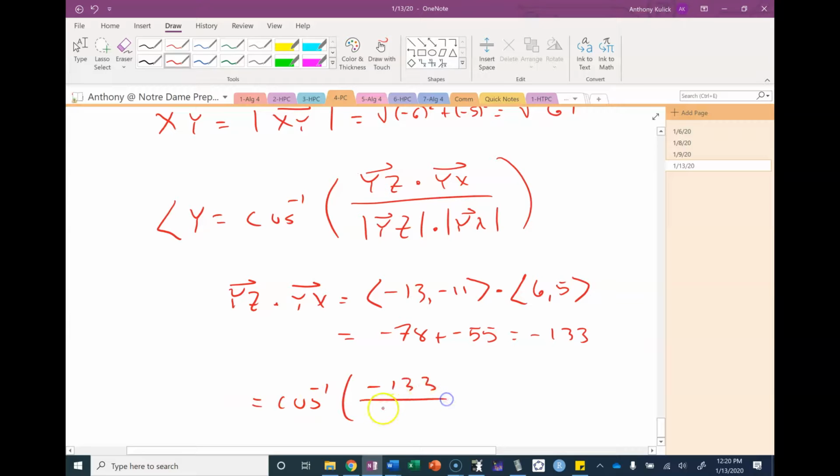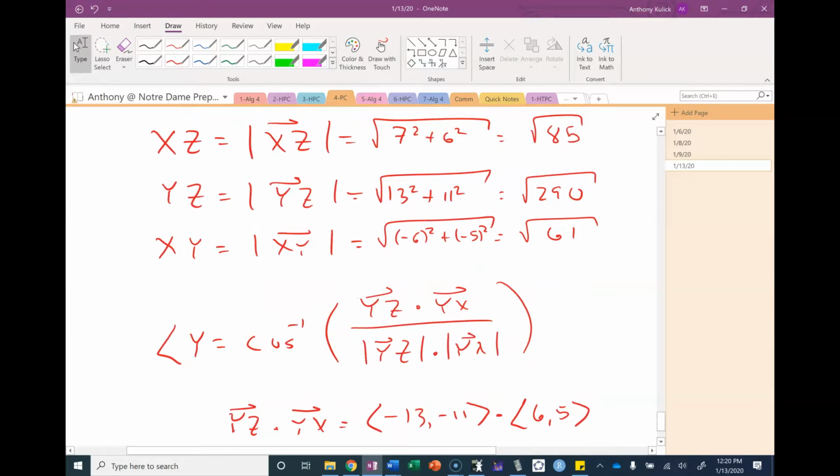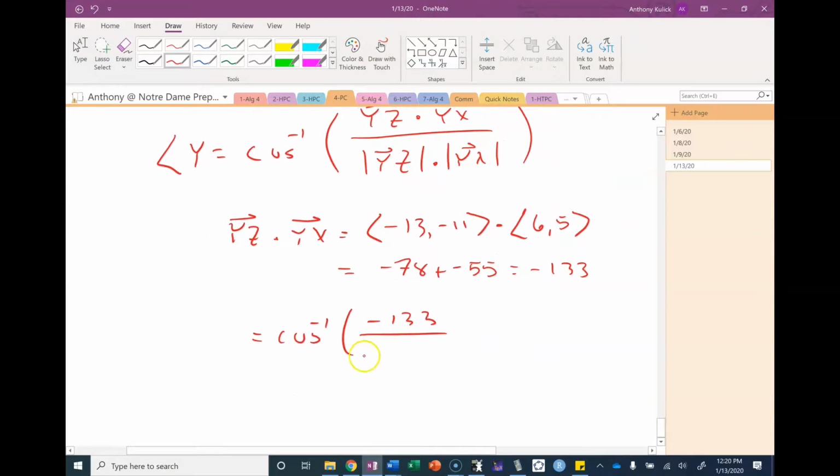Negative 133 over, and we know yz is square root 290, and we know that yx and xy are both the same length, so it doesn't really matter there. So this is going to be square root 61.